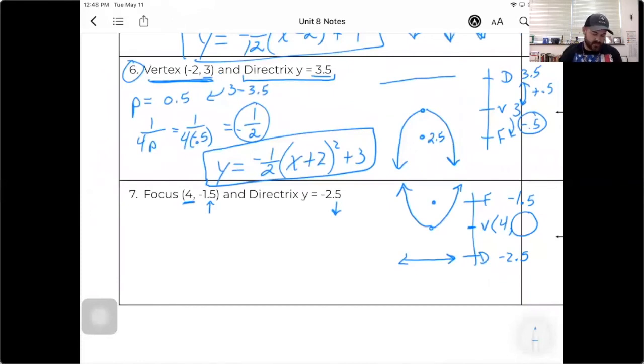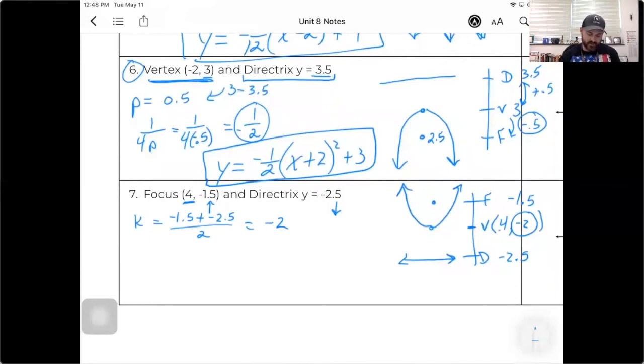All right, so for my k value, my vertex coordinate, we're going to do negative 1.5 plus negative 2.5 and divide by 2. That gives me the number -2. Okay, it actually gives me -4/2, which is -2. So that is my vertex's k value. (4, -2) then becomes the vertex.